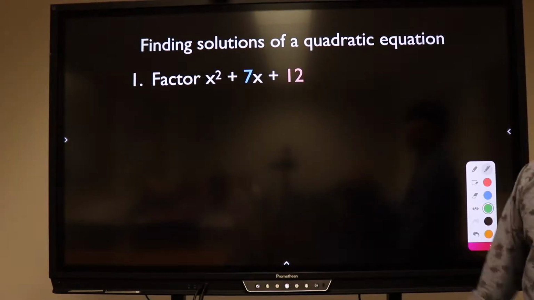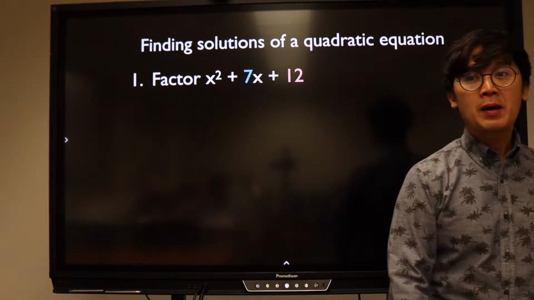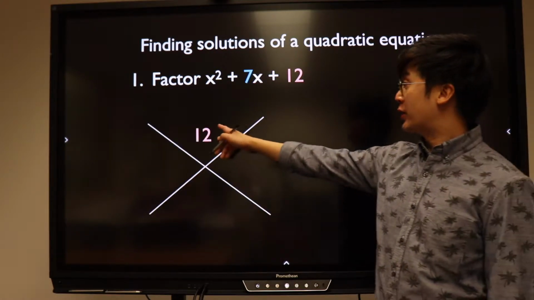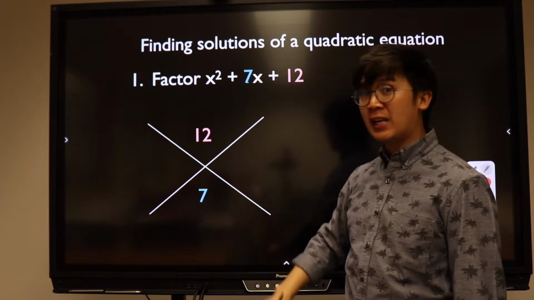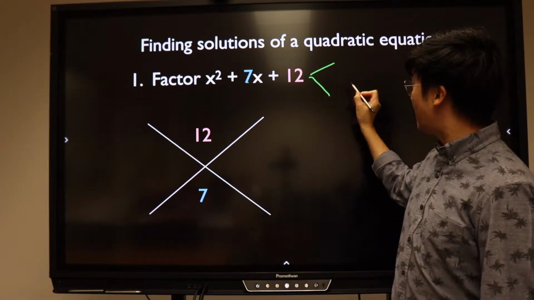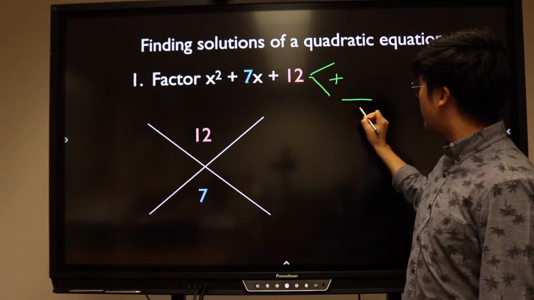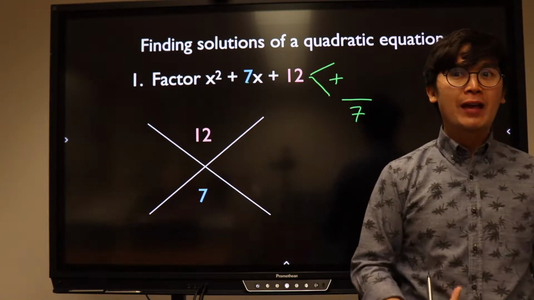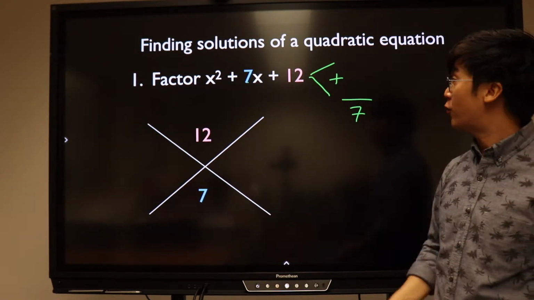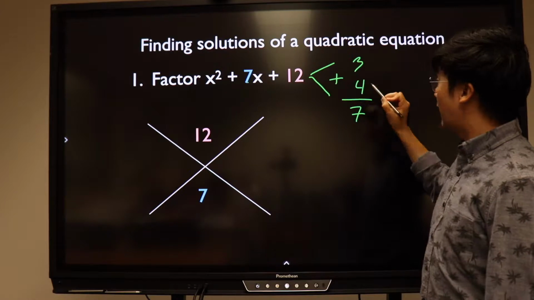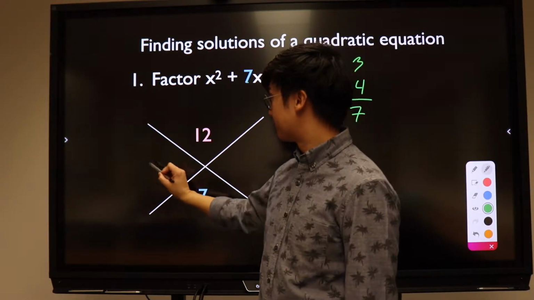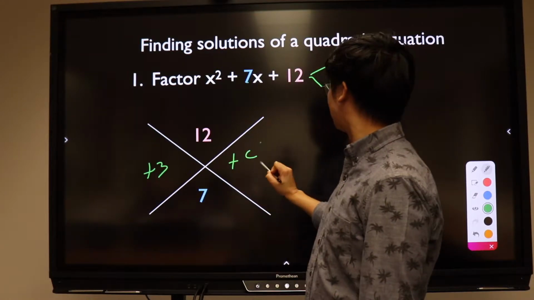So, if I have x squared plus 7x plus 12, do you still remember how to factor functions like this? Of course. You need to see 12 and 7, and find the two numbers that when you multiply will equal 12, but when you add them up will equal 7. What are those two factors of 12 that we're looking for? 3 and 4, both positive.